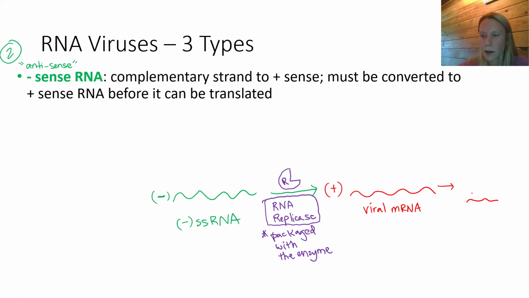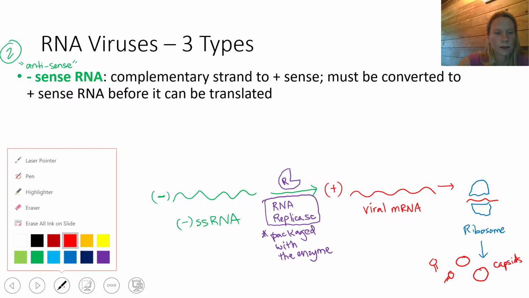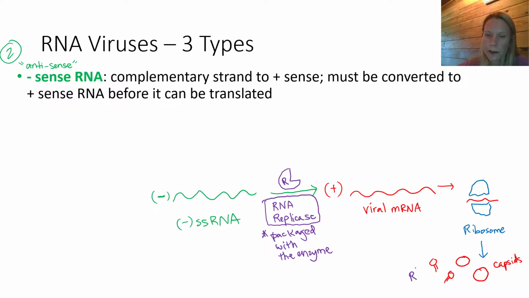So then it will go to the ribosomes, and we would get translation. And we would get viral proteins, so capsids, spikes, and of course, the RNA replicase enzyme.